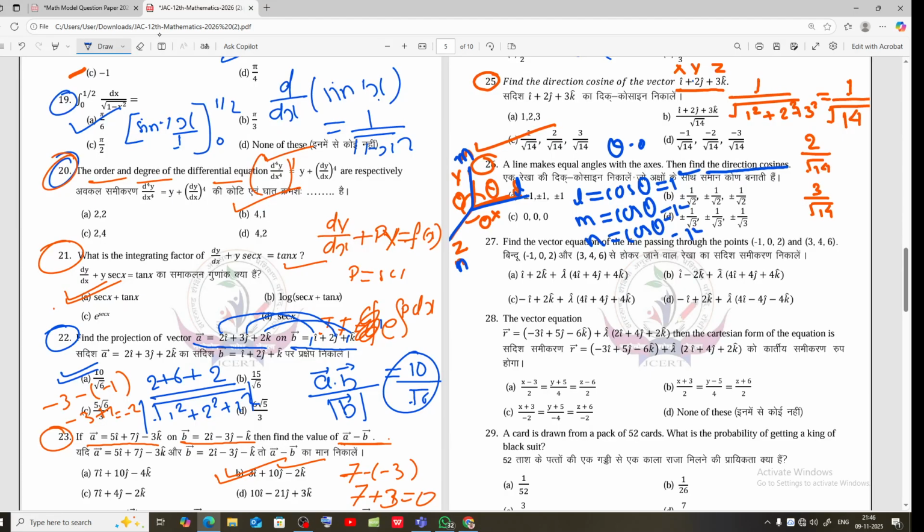That means the direction cosine is 1 by root 3 each, 1 by root of 1 plus 1 plus 1. Your option D is correct.